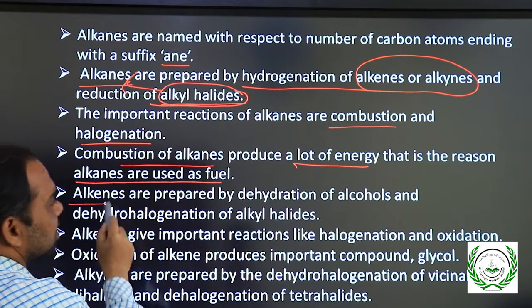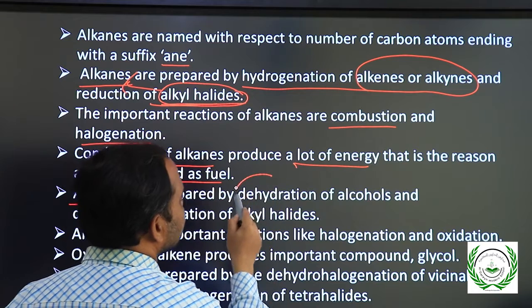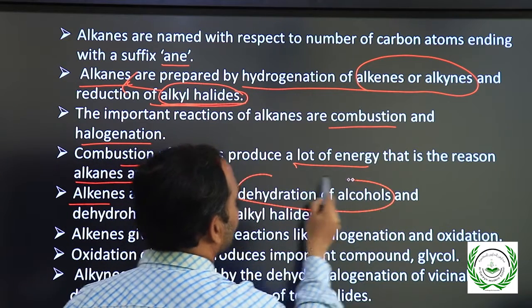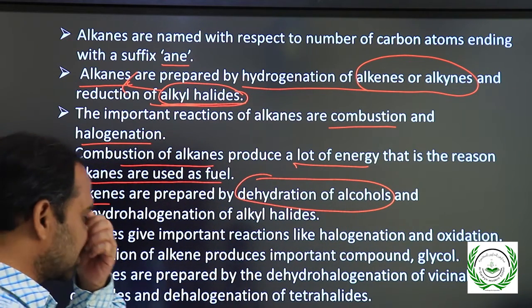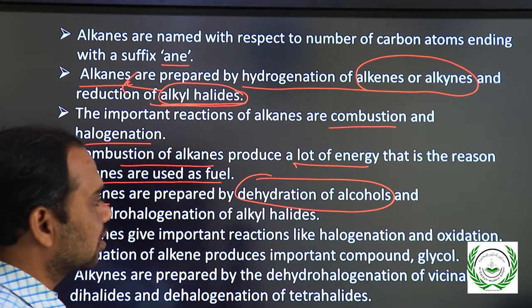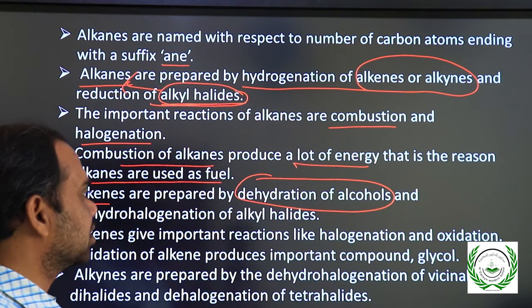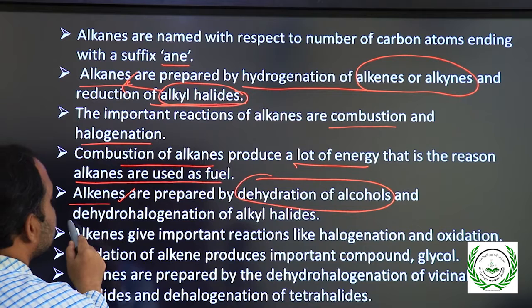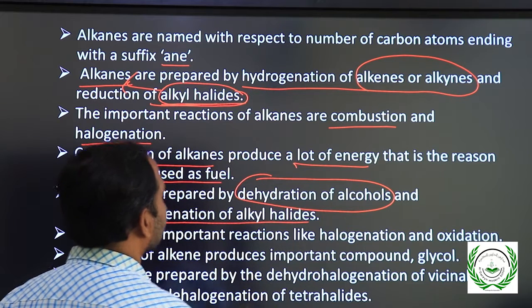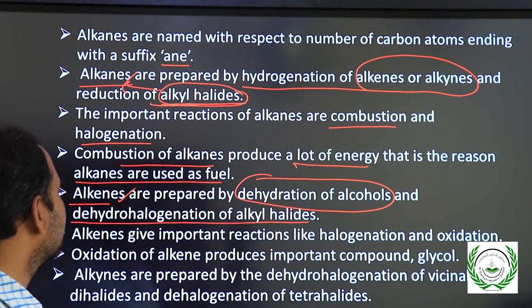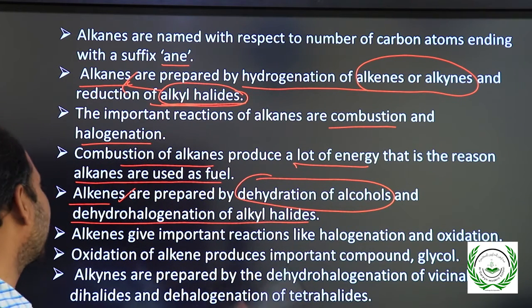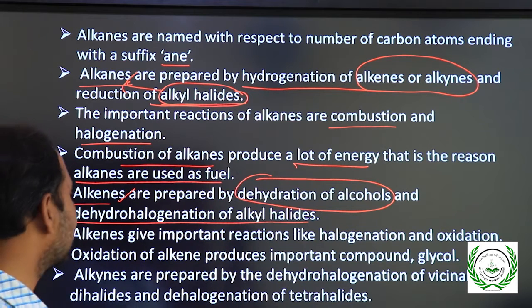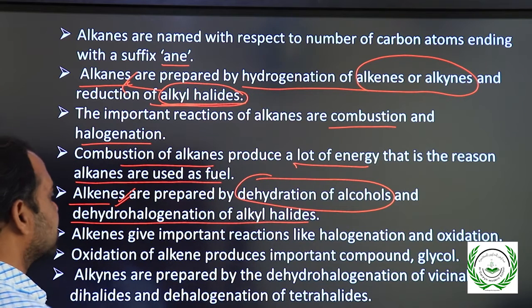Next, how are alkenes prepared? By dehydration of alcohols: from organic alcohols, removal of water causes alkenes. And by dehydrohalogenation of alkyl halides: removing both hydrogen and halogen from alkyl halide also gives alkenes.